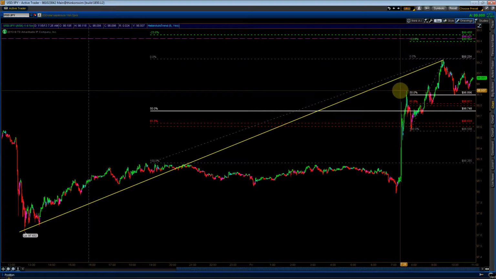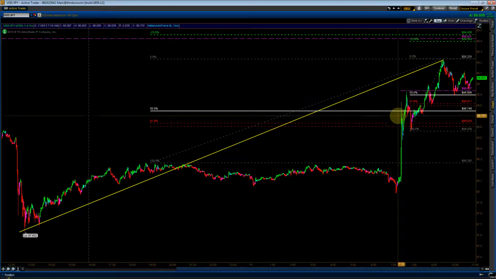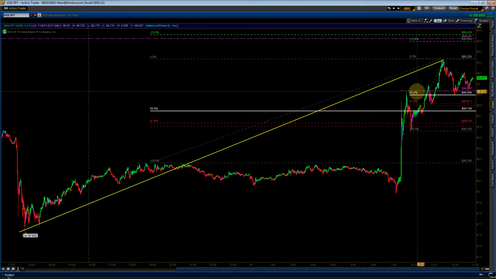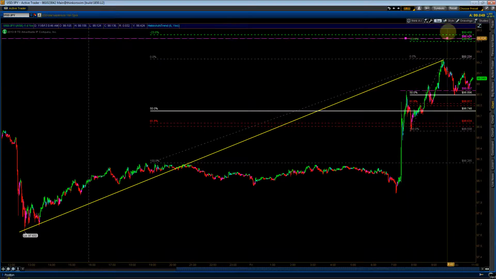This means we need to mark the prior high, let me get the exact high for you here. I have a high of 98.93, and that level could potentially be a brand new anchor to high.